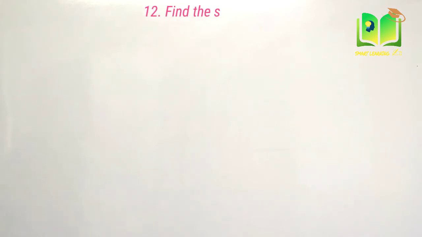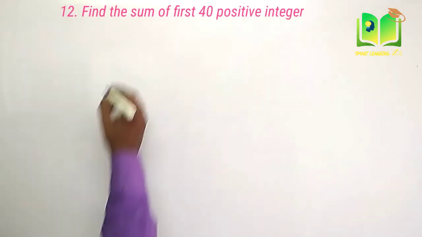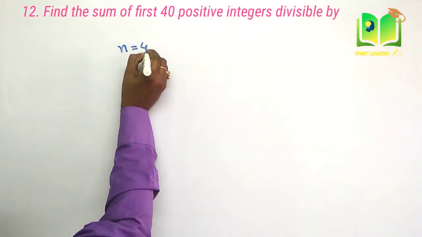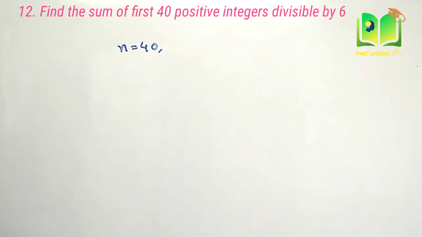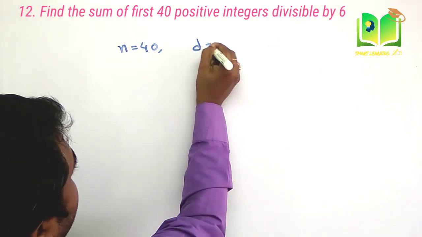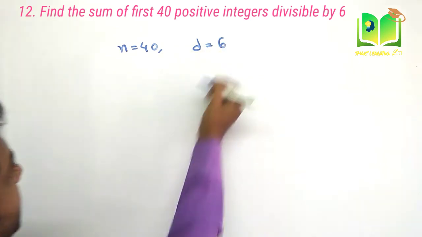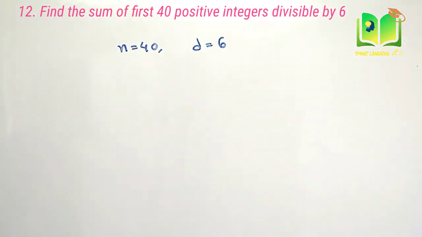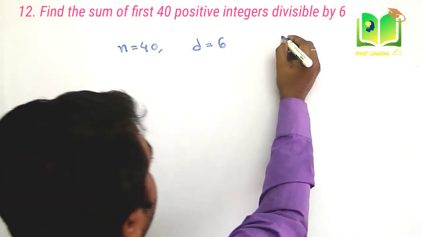We will see question number 12. What is question number 12? Find the sum of first 40 positive integers divisible by 6. So according to question, n is what? 40. Divisible by 6. So definitely your d will be 6. And your question is S40. Okay.